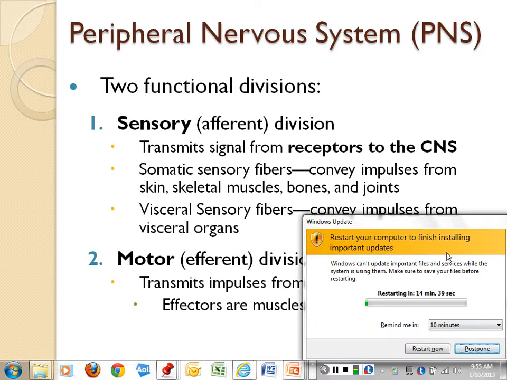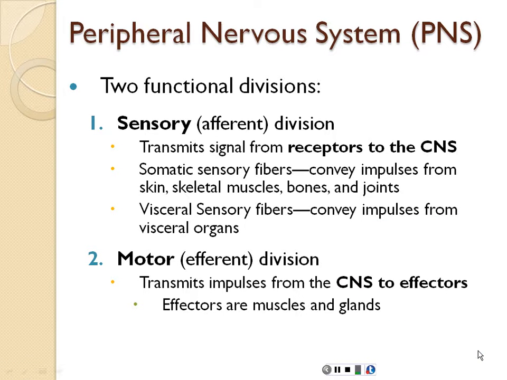Okay, so now let's look at the subdivisions of each of these. So the sensory division, and notice you also have afferent. Just know that afferent is the same as sensory. Sometimes I'll use afferent division, sometimes I'll use sensory.